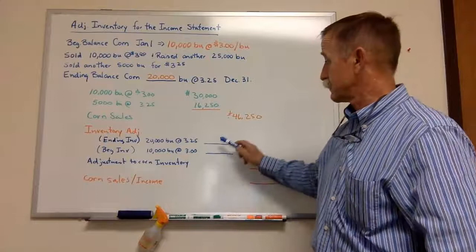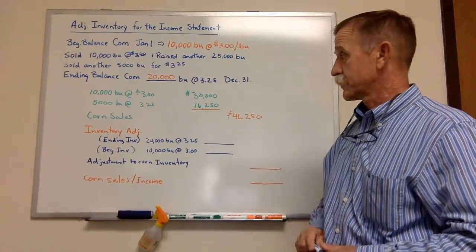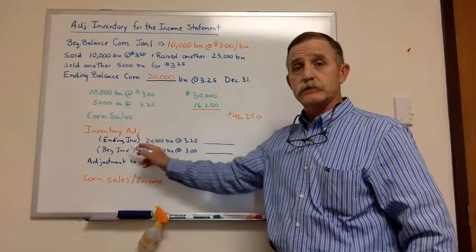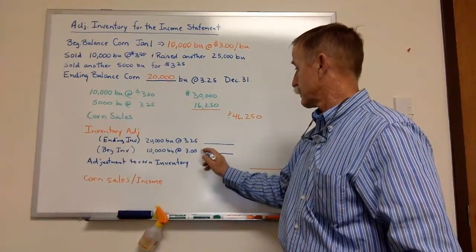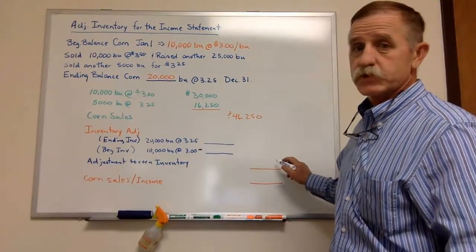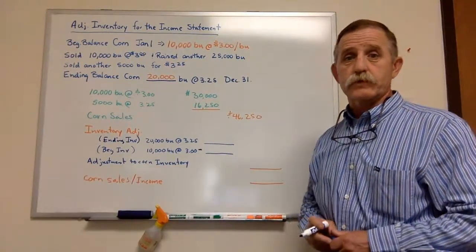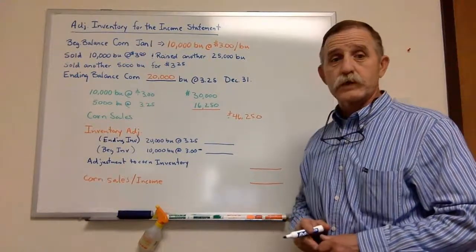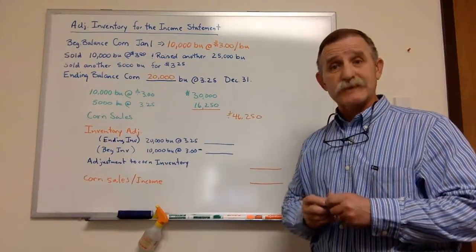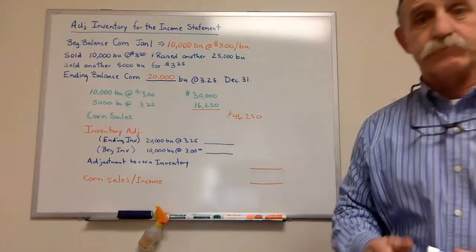So what I want you to do is calculate those two numbers up. And you're going to actually take your ending inventory minus your beginning inventory, in order to come up with your adjustment to the corn inventory right here. So go ahead and do that. And then we can figure out what our total corn sales or income is for that period.